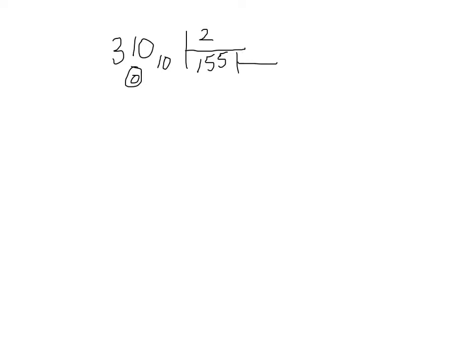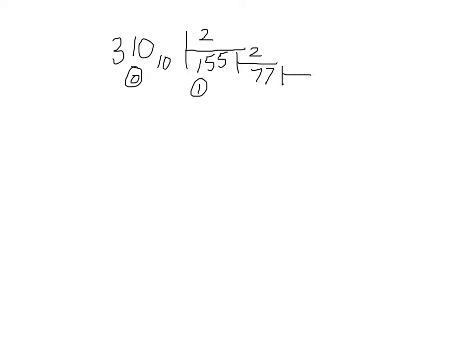Then 155 divided by 2 is going to give you 77, remainder 1. Because 77 times 2 is 154. So subtract 154 from 155, it's going to give you 1.